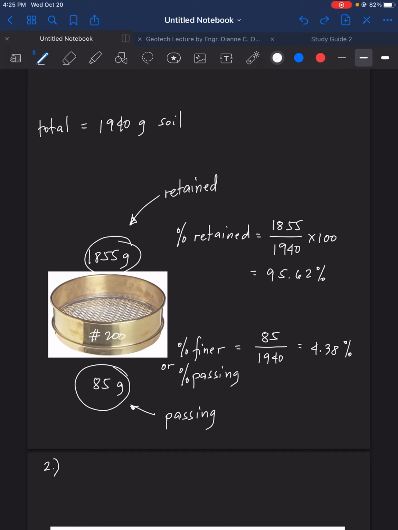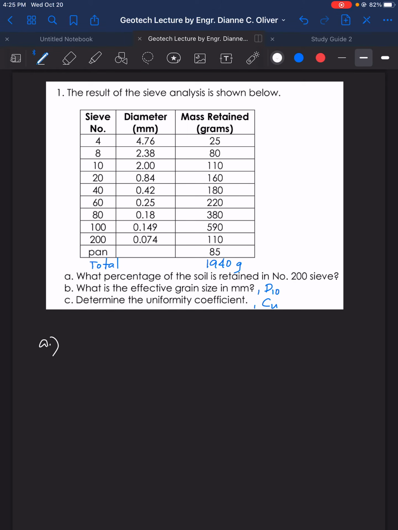Okay, so let's use the formula in solving the problem. It's asking for the percentage of the soil retained in number 200. Therefore, percentage retained is equal to the total minus the accumulated. The accumulated is what we computed, 1855, and this is the one that passed.